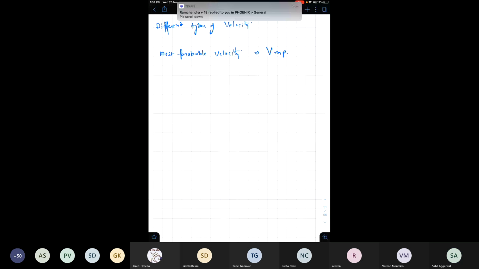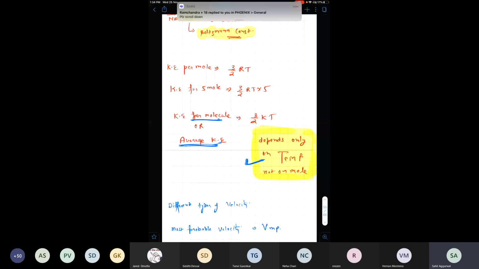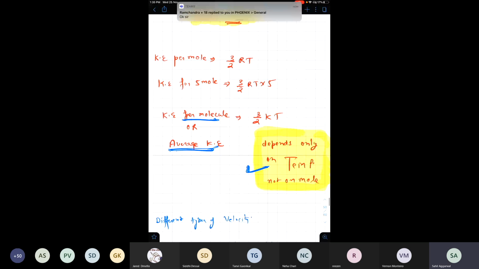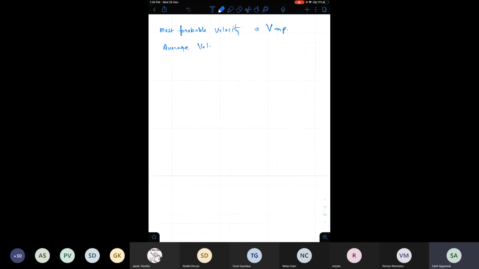The velocities are most probable velocity, VMP, average velocity, or root mean square velocity.